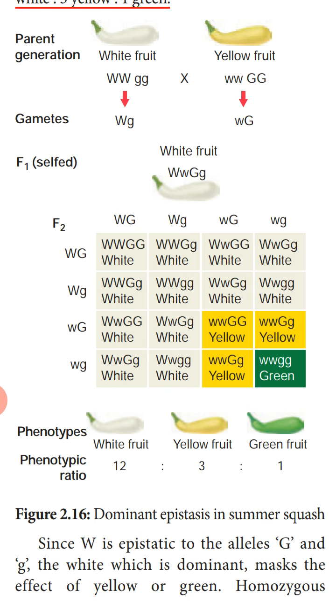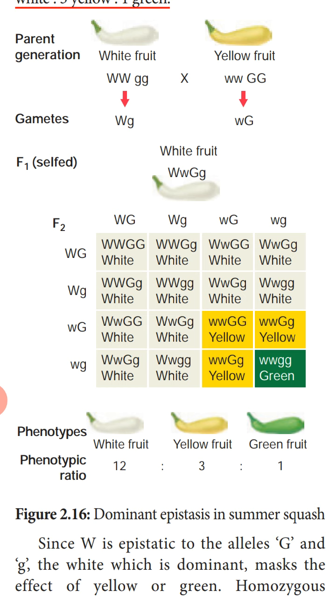Okay, if both the recessive alleles are present, small w and small g, then the plant is found to be green. So in this cross you can see in the table, we get 12 white plants, 3 yellow plants and 1 green plant. So 3 different phenotypes are obtained here, and the phenotypic ratio is found to be 12:3:1.